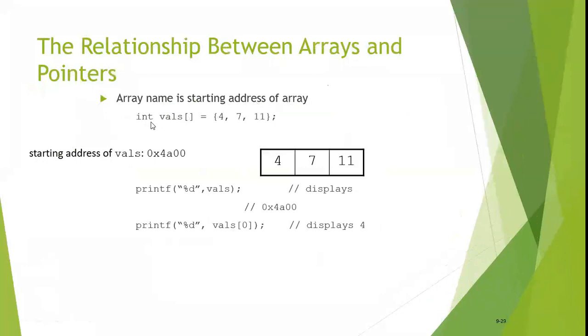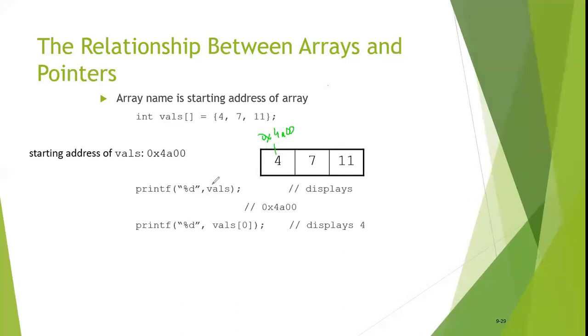So let's suppose I'm having an array vals, which is having 3 values, right? The starting address of vals is 0x4a00. So this is the starting address. Now printf vals, so what will it print?